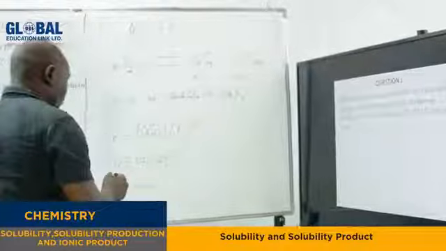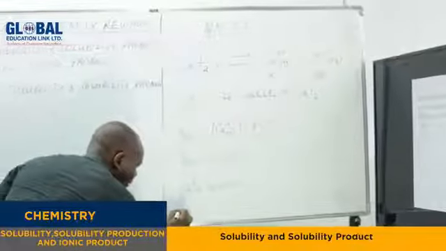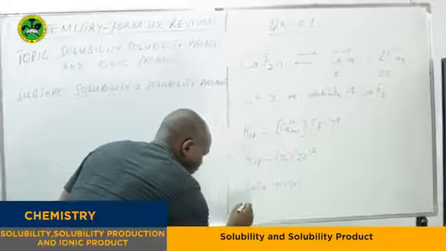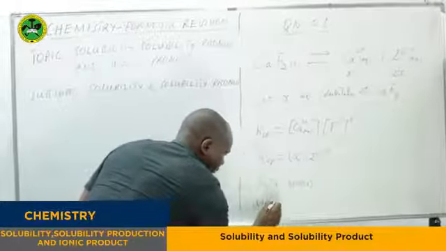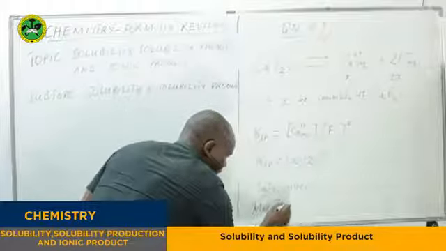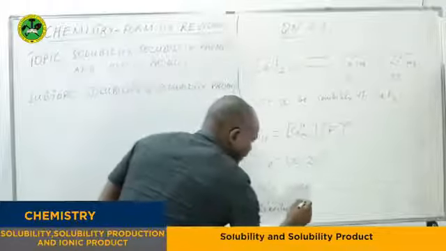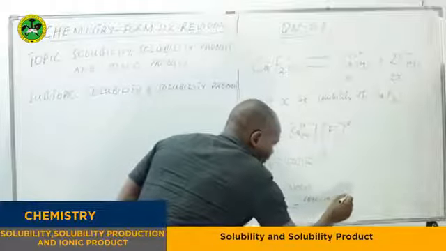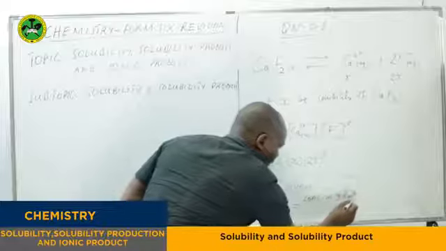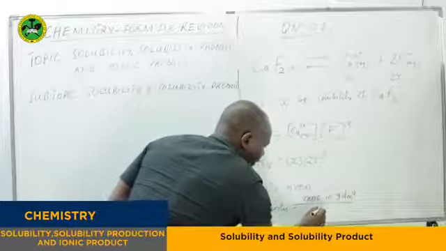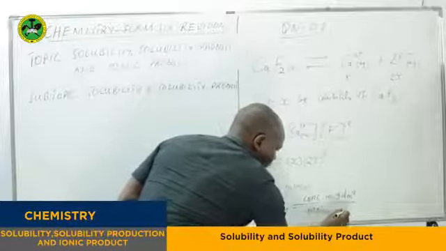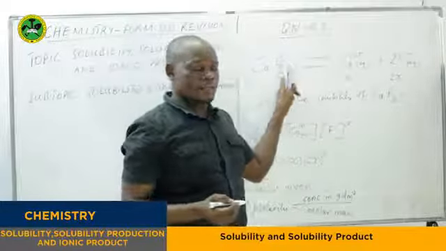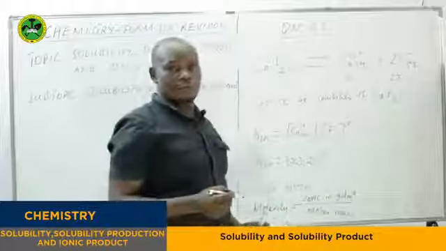So the concentration or molarity is obtained by taking the concentration in gram per decimeter cubed over the molar mass. And the molar mass of what here? Of calcium fluoride. Now let us find the molar mass of calcium fluoride.